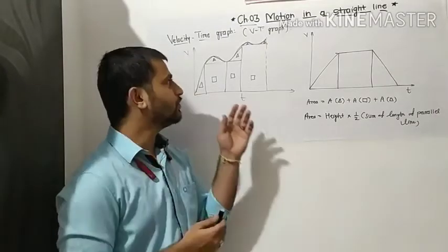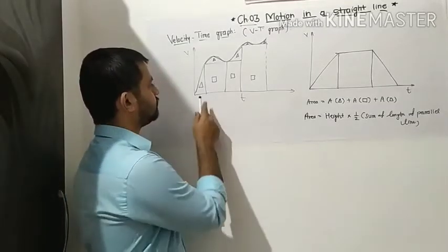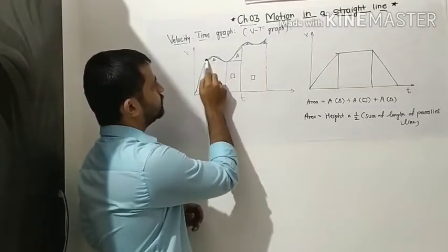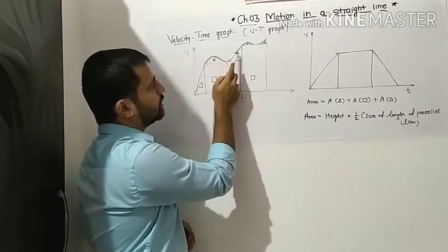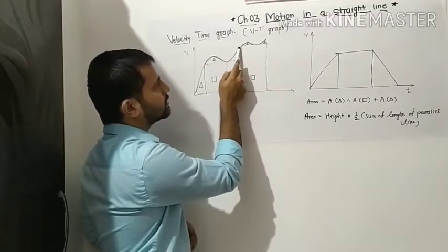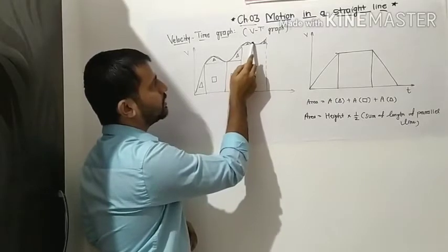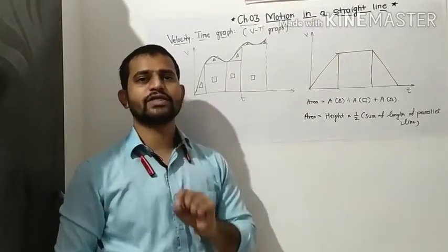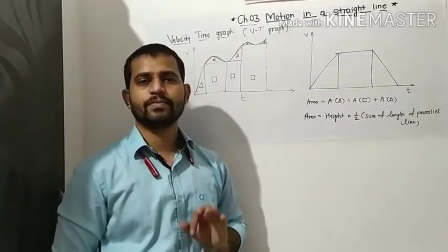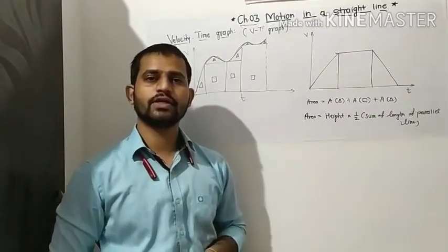Whenever we consider some triangle here, at this point some space is remaining, here when I draw this line some space is remaining, and here also some space is remaining. These spaces are very small, and we can't measure the area of such small spaces.